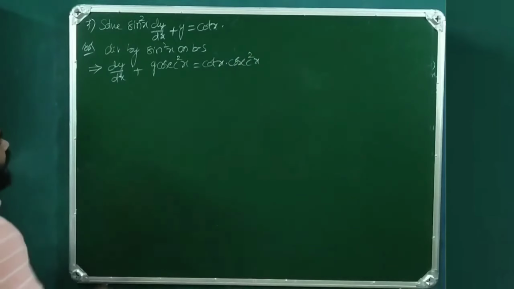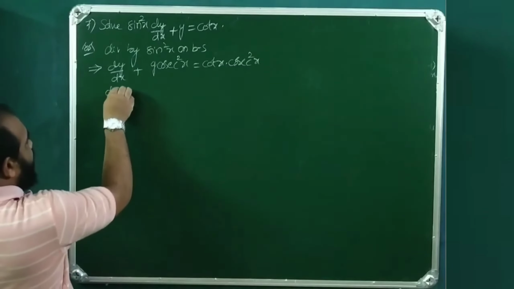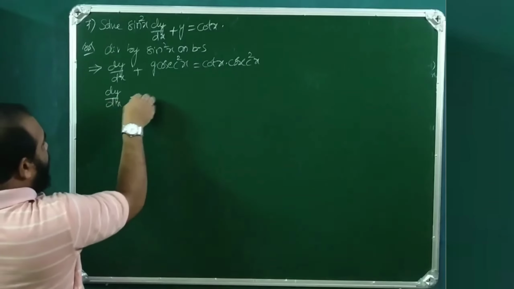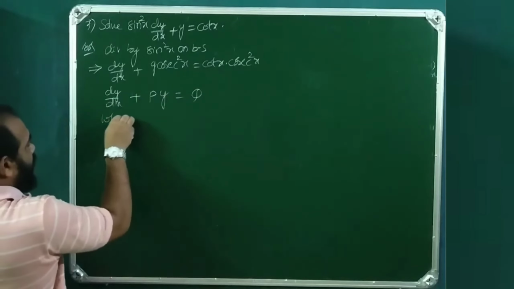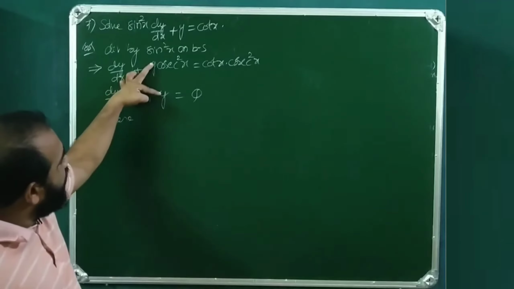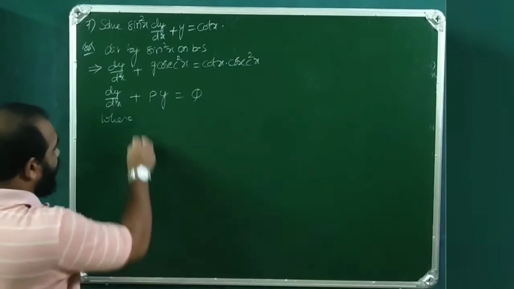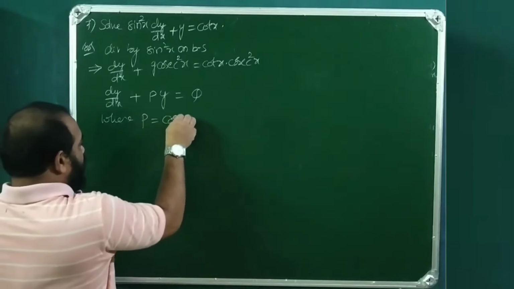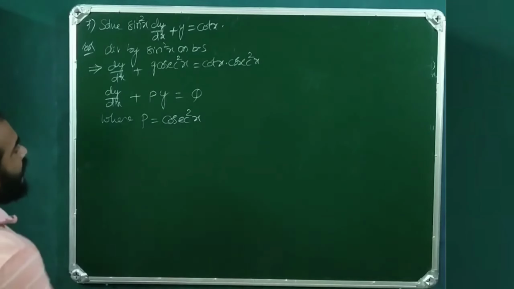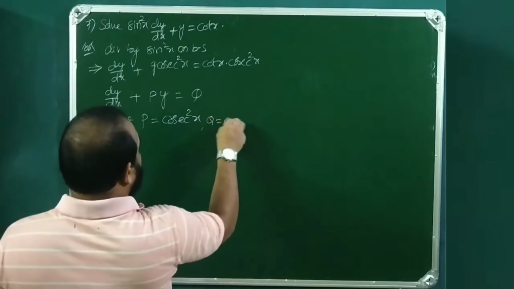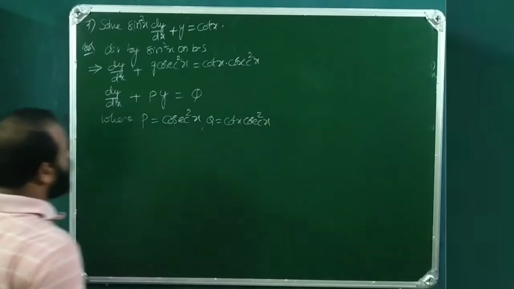So here it is of the form dy by dx plus py equals q, where p equals cosecant square x and q is cot x into cosecant square x.